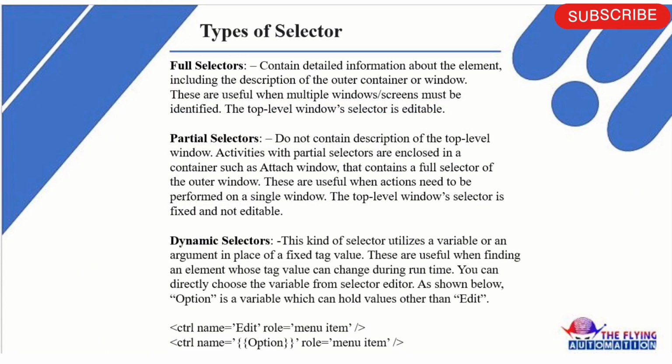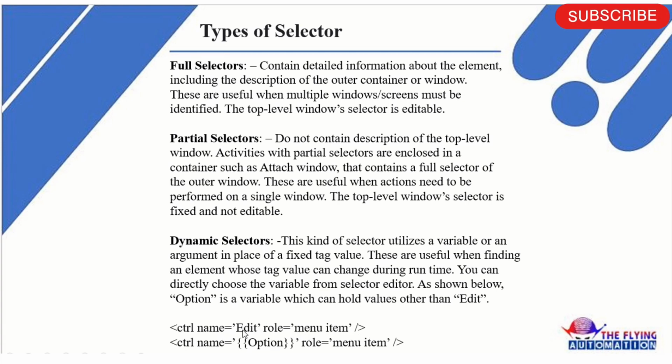Now we'll see the dynamic selector. This kind of selector utilizes a variable or an argument in place of a fixed tag value. These are useful when finding an element whose tag value can change during runtime. You can directly choose a variable from the selector editor as shown below. You can see here below is a selector: ctrl name equal to edit, role equal to menu items.